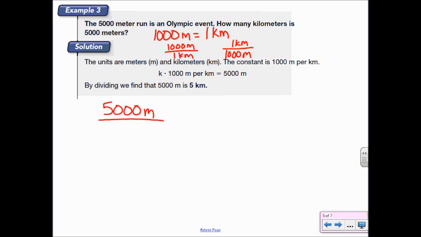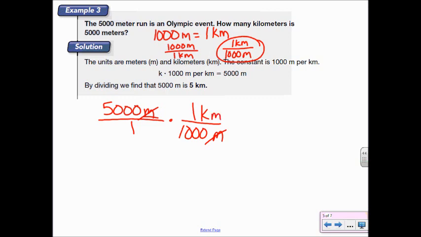And again, I put it over 1 because it looks like a fraction. It doesn't change the number 5,000 at all. I see that meters is on top, which means that in the next fraction, it needs to go on the bottom to cancel out. So I look, and the one that has meters on the bottom is this one: 1,000 meters per 1 kilometer.